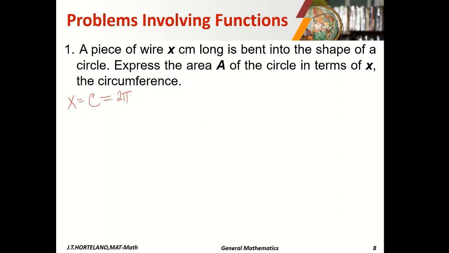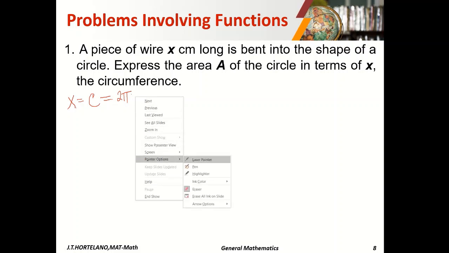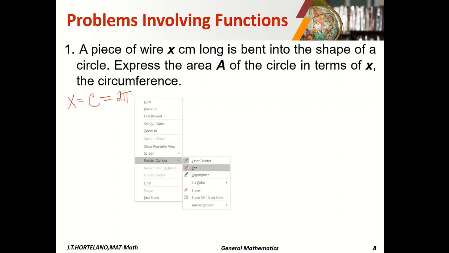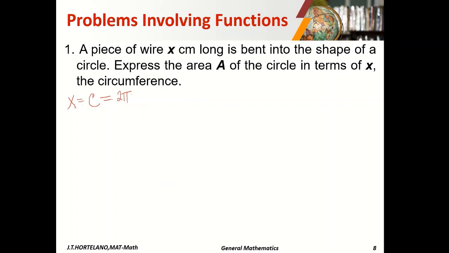Ayan yan. Sorry. It should be pen. So, 2 pi r. Now, what's the area? The area of a circle is given by pi r squared.